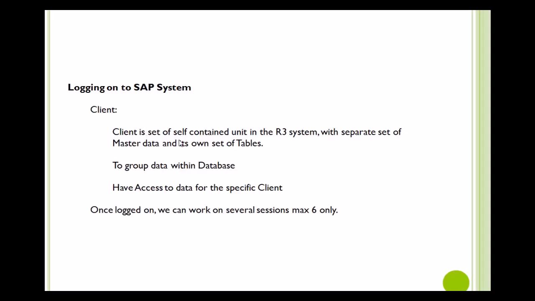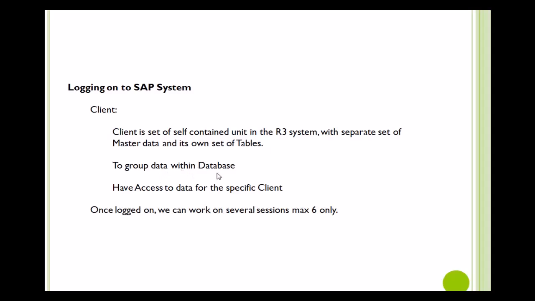A client is a self-contained unit in the system which has a separate set of master data and its own set of tables. When you say client, the table structure is the same for all the clients within an application server. But the data, records, or content is different from one client to another client.